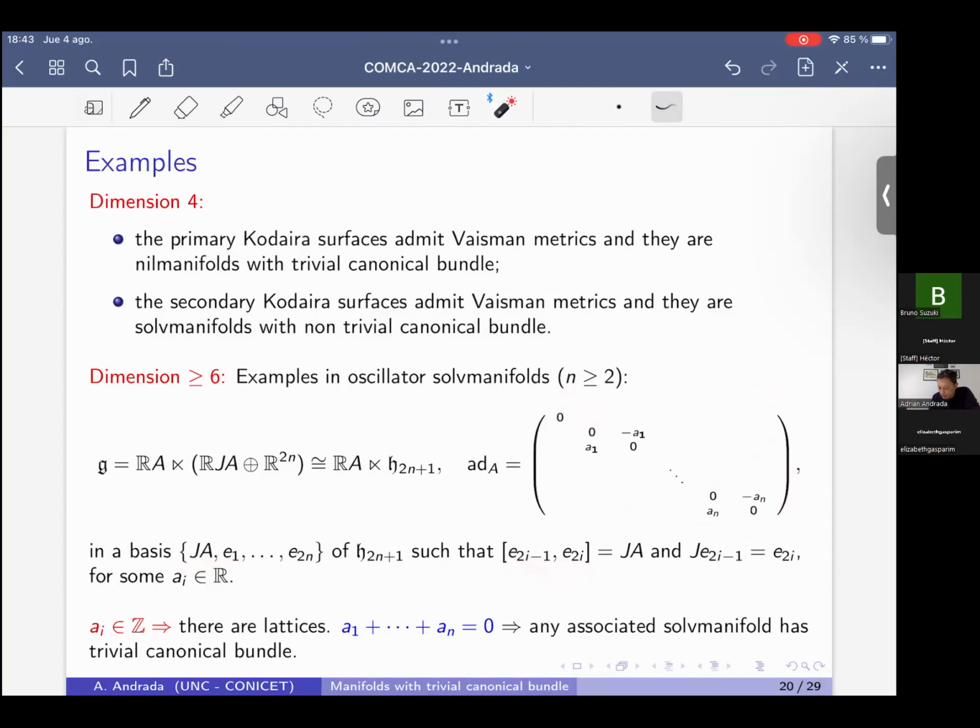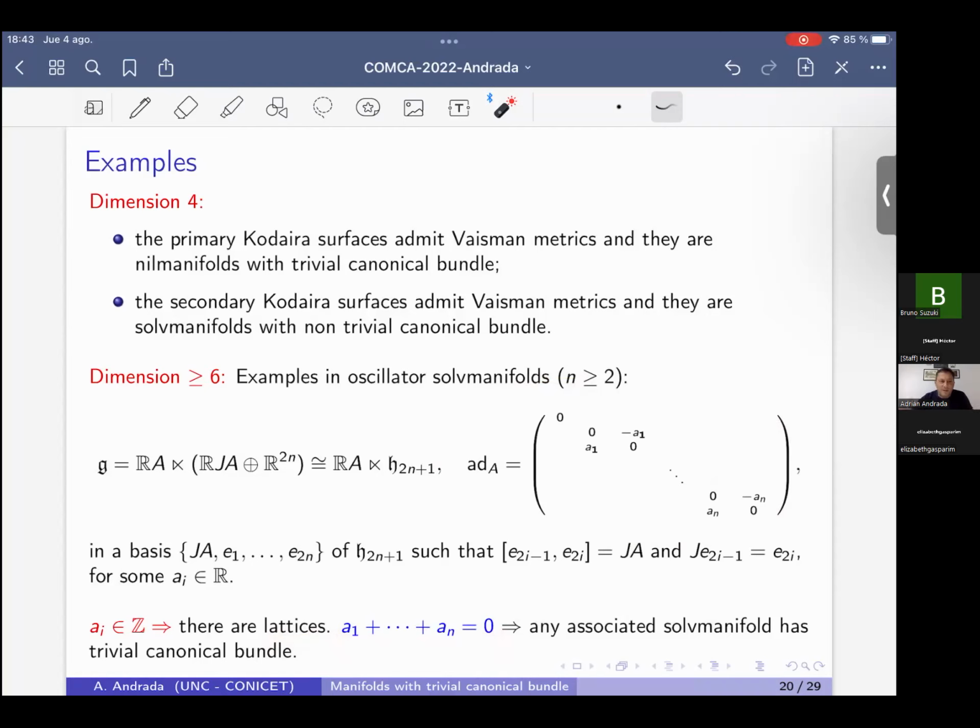E odd with e even gives the JA, and J sends the odd to the even part. And it can be seen that when all these real numbers are integers, the group has lattices. And when the sum is 0, it is exactly when it has trivial canonical bundle. So we have there a lot of examples.